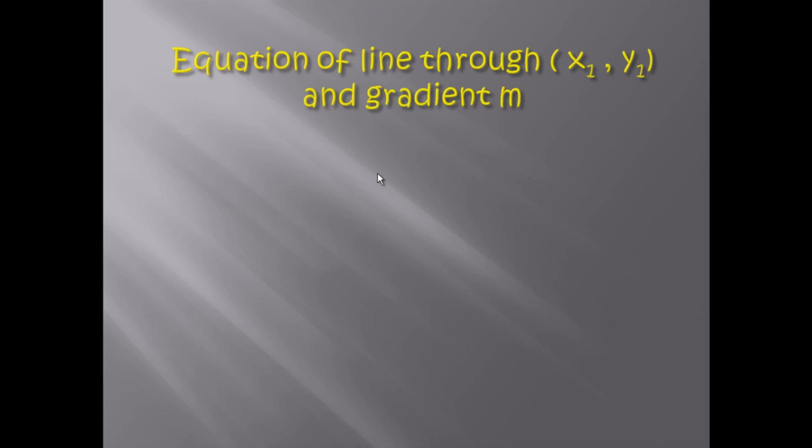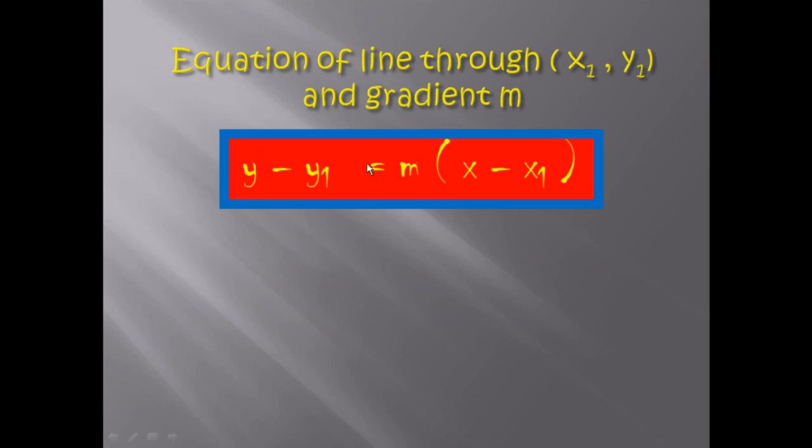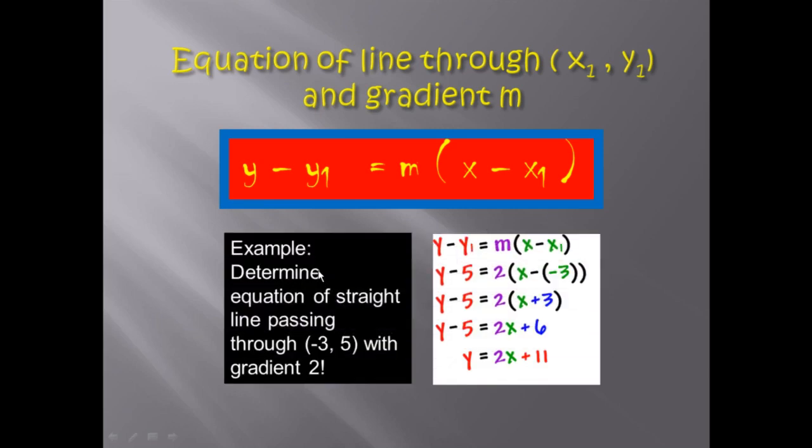We can determine equation of line through a point and the gradient m. Using this formula, y minus y1 equals m times x minus x1. Look at this question. It is a point and then this is a gradient.